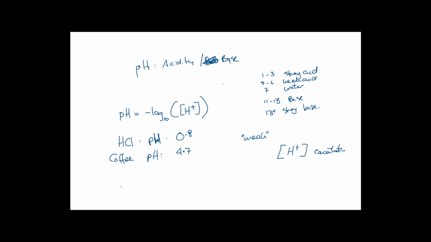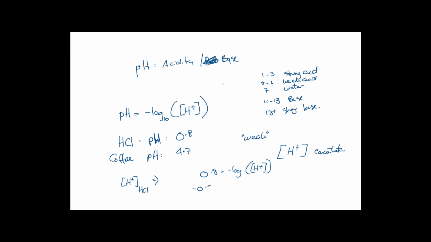Let's work it out. So the concentration of hydrogen in HCl, well, let's work it out. We've got 0.8 is equal to negative log of that. And that's what we're trying to work out. Let's multiply both sides by -1.